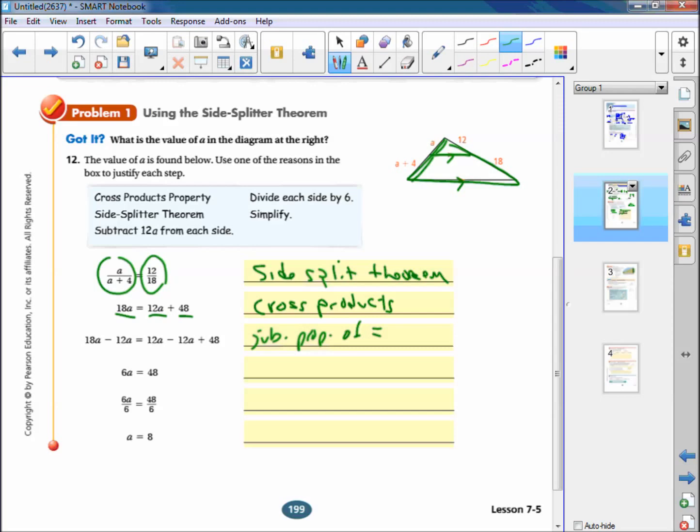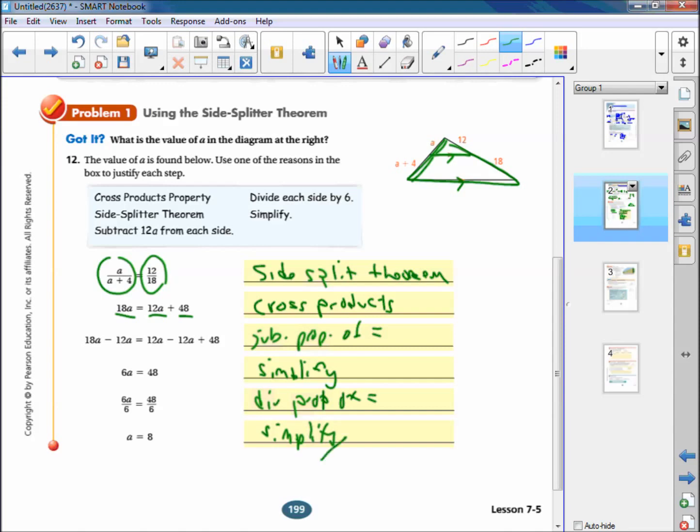So that's simplifying, just putting the A's together. And then we're going to divide 6 to both sides. So this is going to give us division property of equality. And then when we work out the division there, that's just simplifying. So in this case, we end up with A is 8.